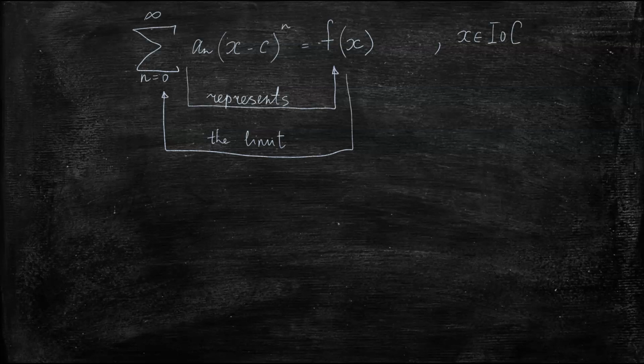And one of the examples of such relation is a well-known identity now, that 1 over 1 minus x is equal to this power series, and all of this only makes sense when the absolute value of x is less than 1.